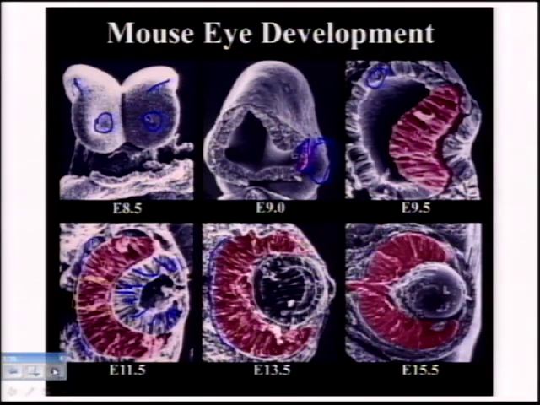And then the other important thing I want you to see in this particular scanning EM slide is the formation of the optic nerve. This optic nerve forms somewhere between E13.5 and E15.5. I'll show you some more pictures of that as we go along. And this optic nerve, of course, is the crucial structure that feeds back into the brain.